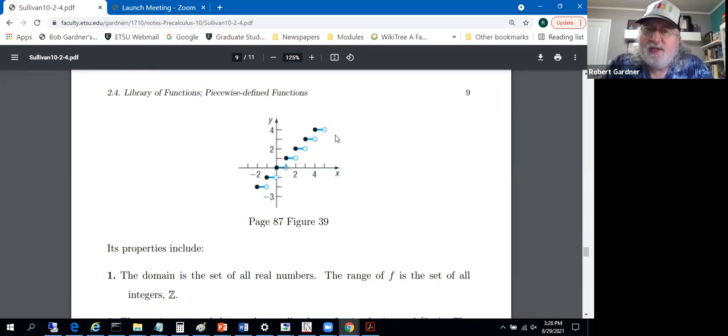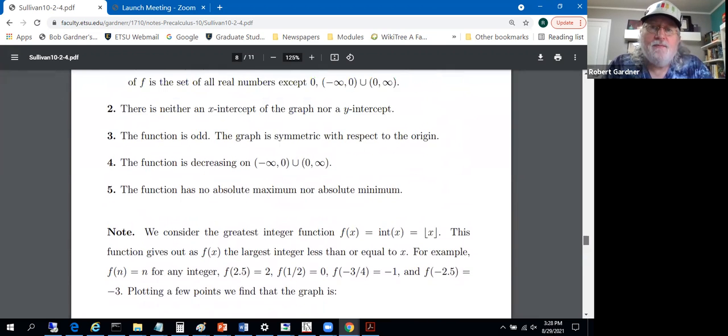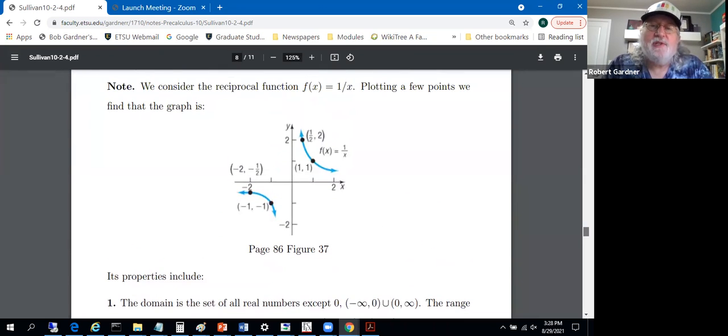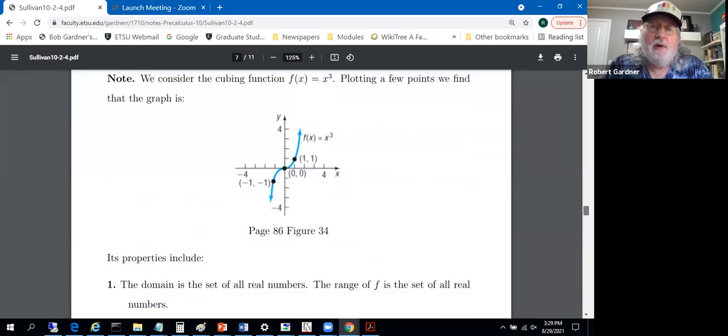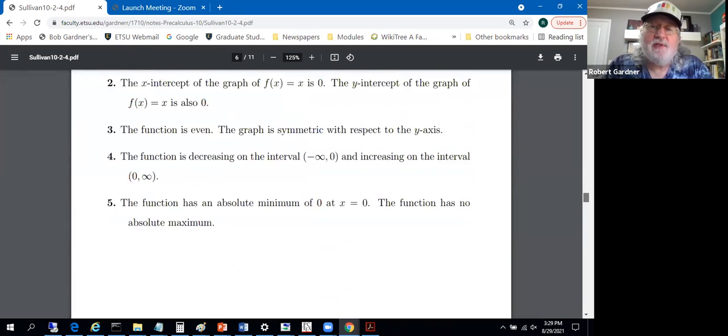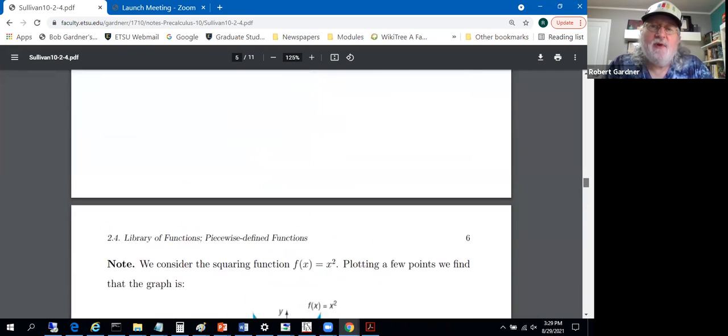Were any of the others we dealt with not continuous? I think there might have been. They weren't like this, though. The 1/x function is not continuous. I can't draw it without picking up my pencil. There's a piece of it over here and another piece of it over there because it's not defined at 0. The squaring function's continuous.